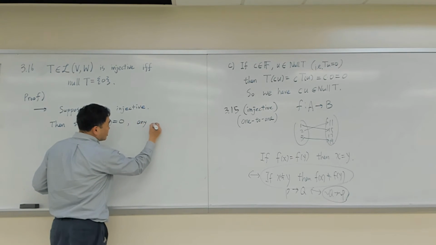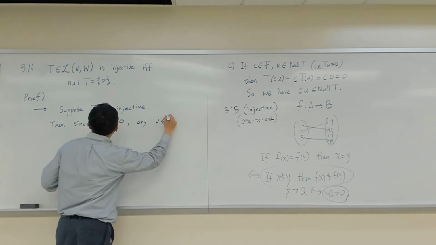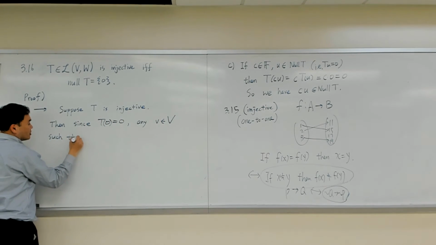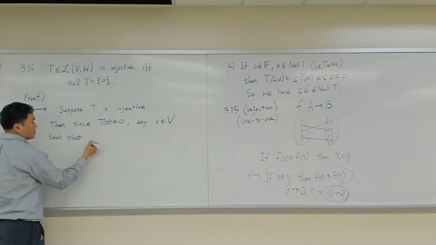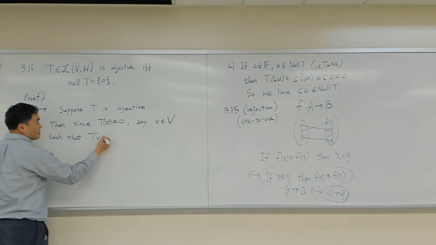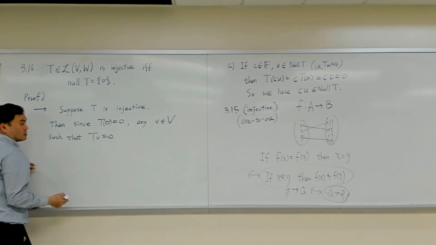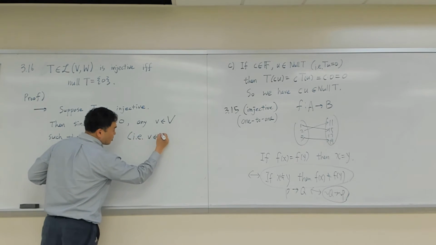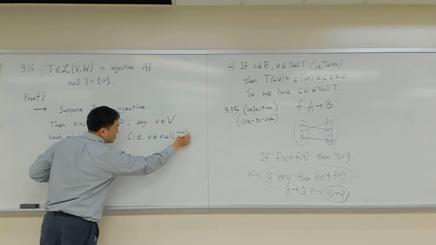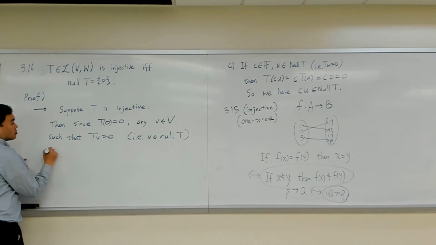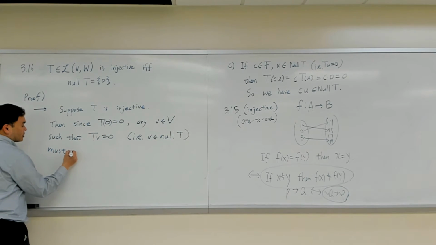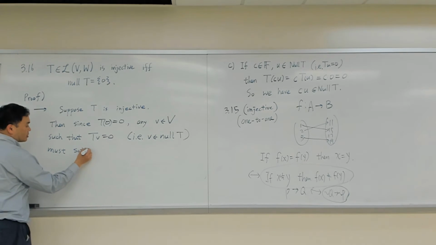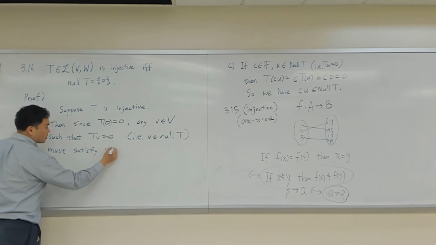Any v in V such that T of v is 0, this is another way of saying that v is in the null space of T, must satisfy v equal to 0.